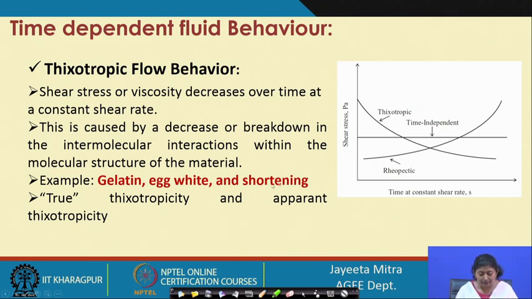But if its structure has been changed completely and the initial condition cannot be regained when we have removed the shear stress, then we can call it apparent thixotropy.